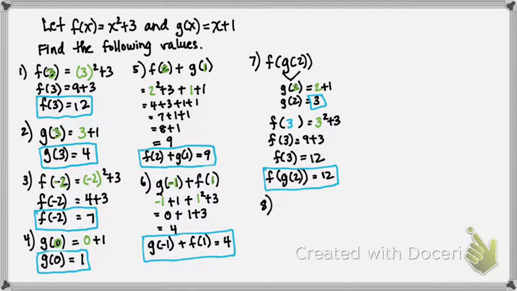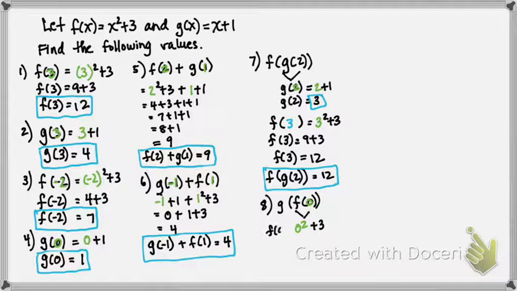And we've got g at the value of the function f at the value of 0. Okay, so again, we're going to start with what's inside, get it down to one number, and then we can solve the problem. So 0 is going to be my input value. Function f says you take x squared and then you add 3 to it.